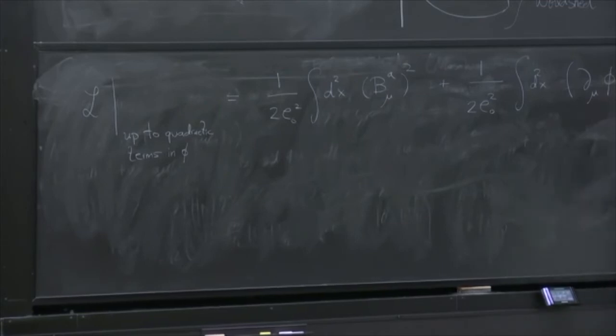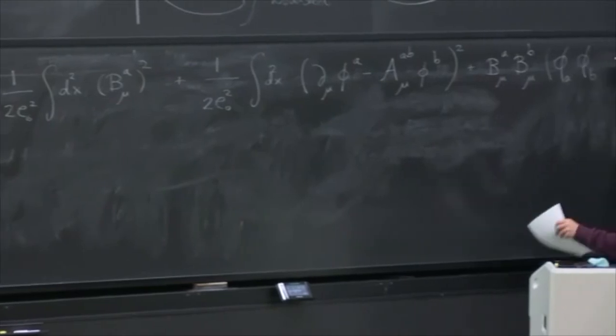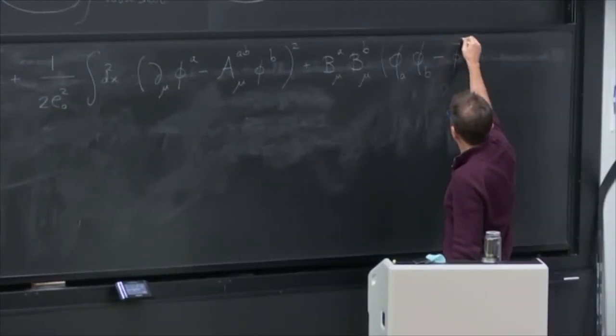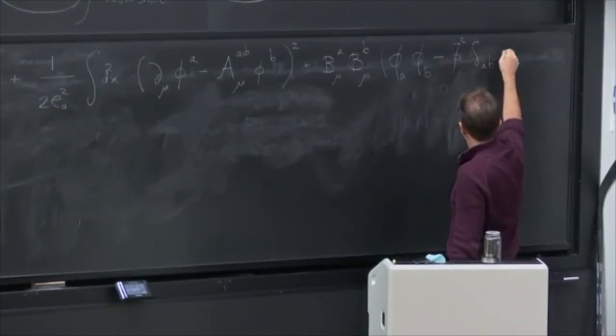Repeated indices are summed over, of course. And the other term is plus B mu A, B mu B times phi A, phi B minus phi squared delta AB.